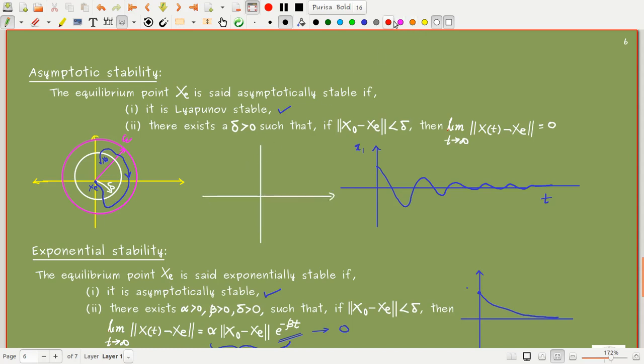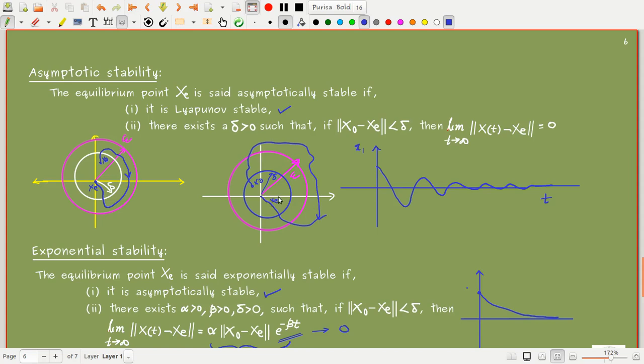I have chosen some epsilon ball here. Then you are giving me some delta, and I have an initial point x0 here, and this is the delta ball. This x0 is traveling like this, and then finally it is coming to the equilibrium point xc.